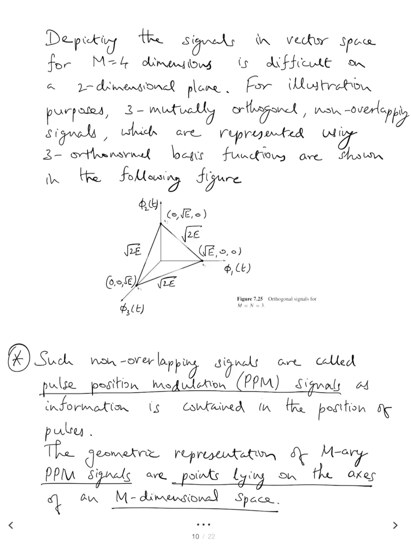By simple geometry, you can notice that the distance between any 2 points is square root of 2e. These are all right angle triangles, so we can apply Pythagoras theorem. This distance is root e, this is root e, so this is root of 2e.